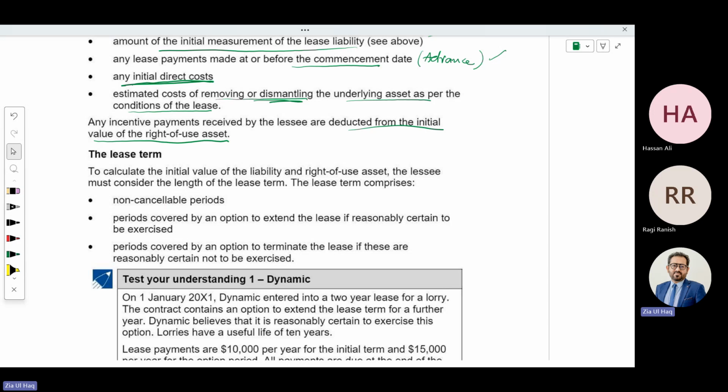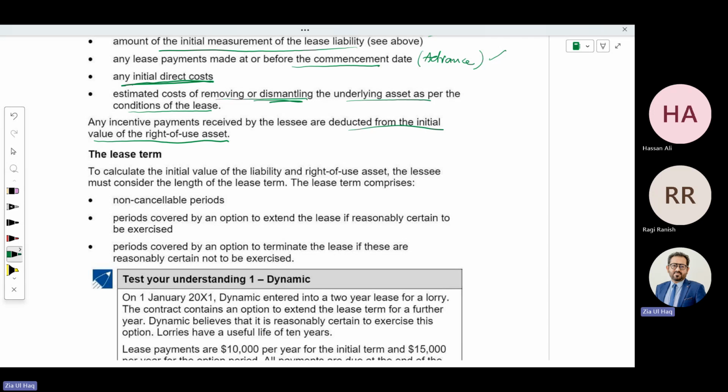Meaning you are using the asset for 5 years, or for 10 years. To calculate the initial value of the liability, we need to know for how many years we need to discount the liability, meaning we need to calculate present value for how many years. That is called the lease time period, the lease term.